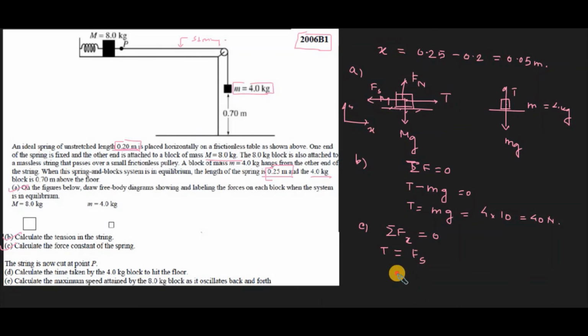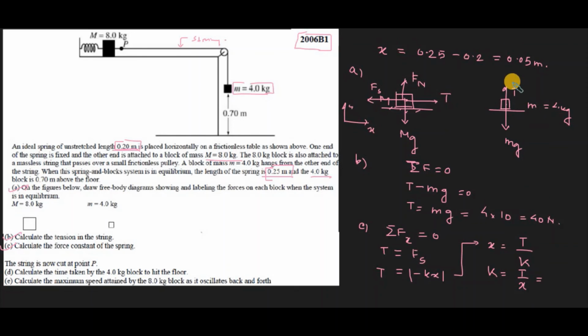And the restoring force can be represented as negative of k into x. We can take the mod of that, and that is equal to the tension. From there we can say that x equal to T upon k, but we have to find out the spring constant. So instead, we can say k equal to T upon x.